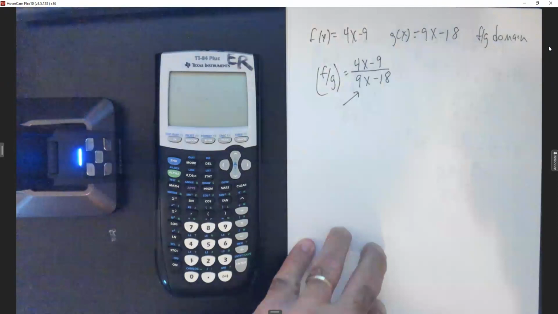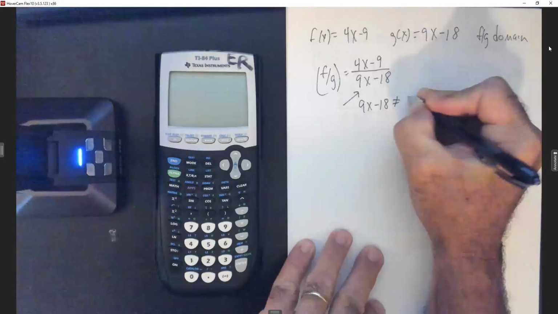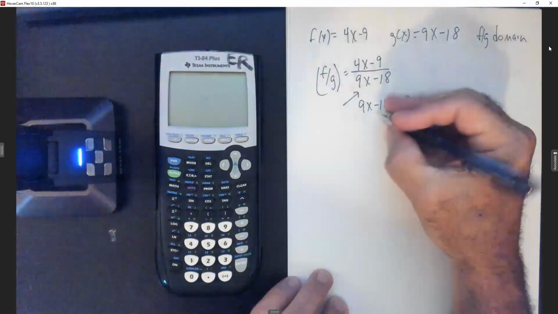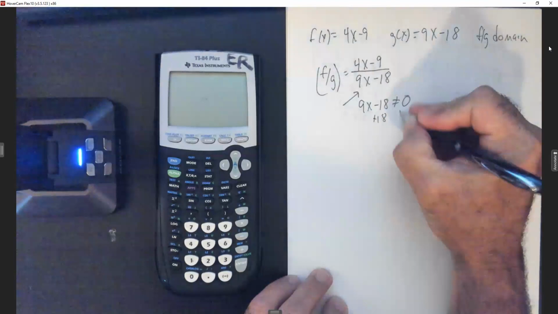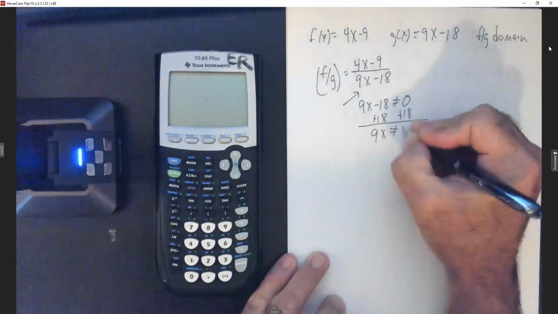So set the 9x minus 18 not equal to 0, y'all, and solve that. So we're going to add the 18. So 9x cannot equal 18, and then divide by 9.